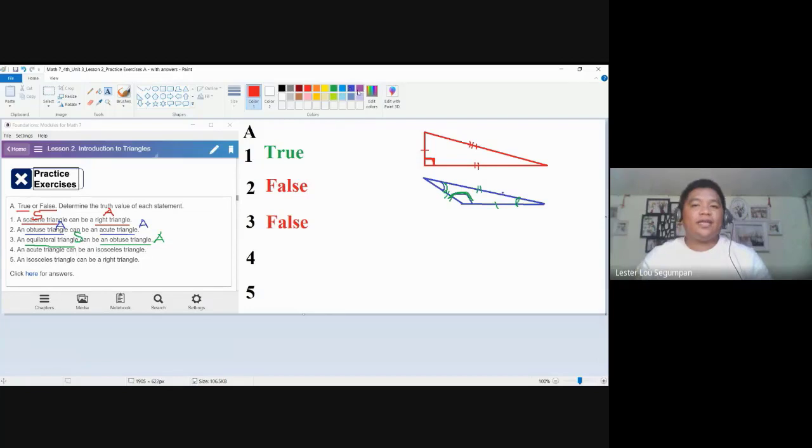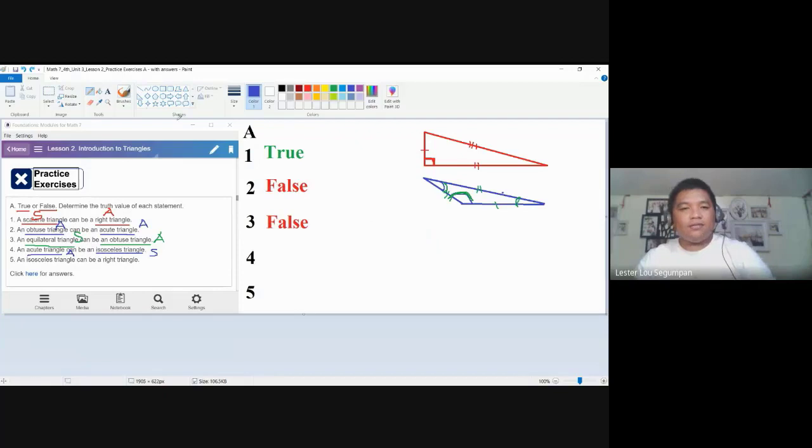Okay, acute is in terms of angle. Isosceles is in terms of sides. Acute angle according to sides, they may be true. Let's try to draw. If we say isosceles, we have the same measurement of side.